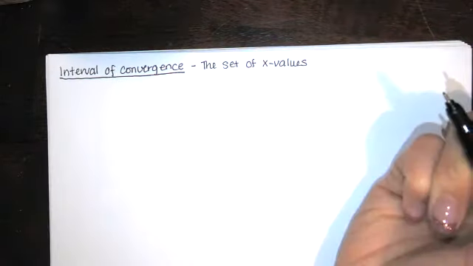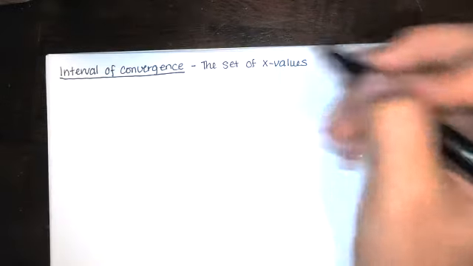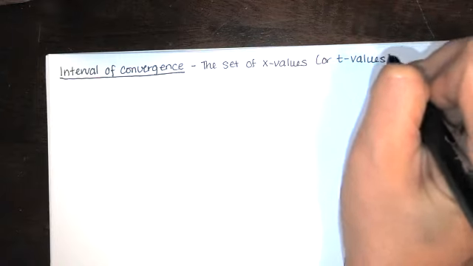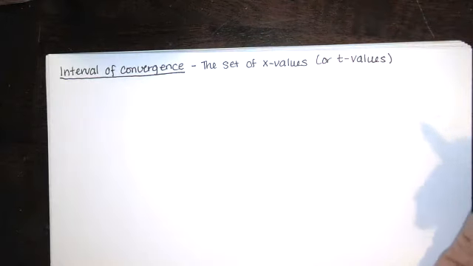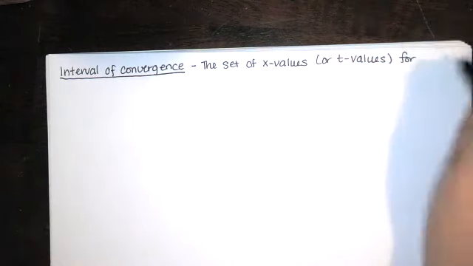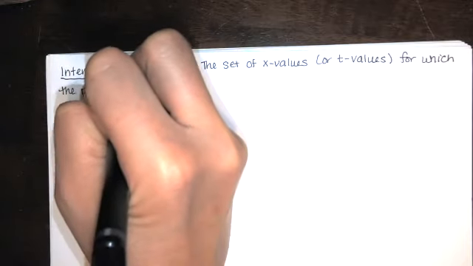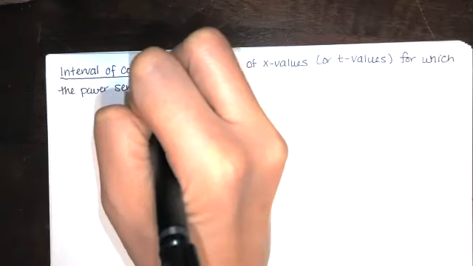If we're thinking of our power series as functions of x, the set of x values. If we're thinking of our power series as functions of t, that would be t values, or just values of the independent variable for which the power series converges.